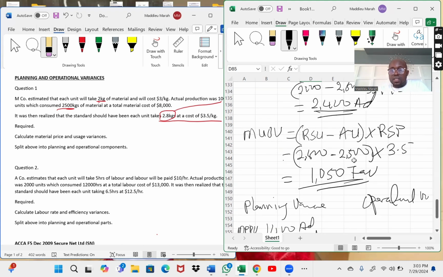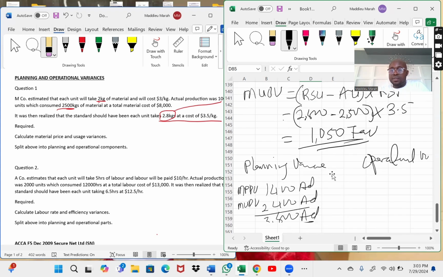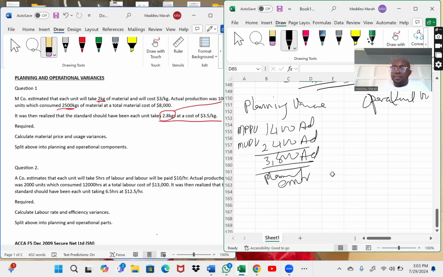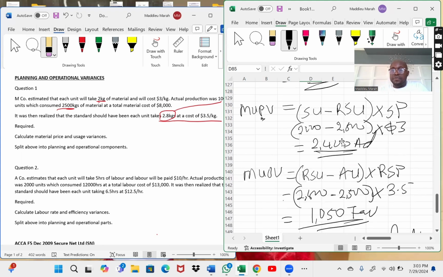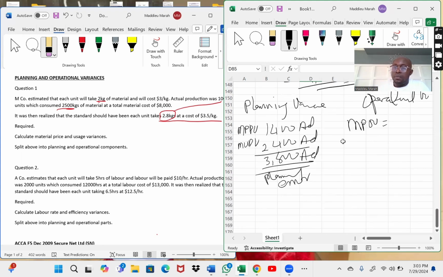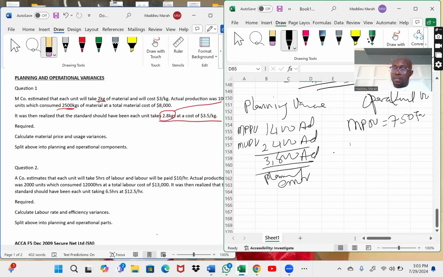Operational variances. We have first the material price operational variance. How much is that? 750 favorable. And the last one, material usage operational variance.